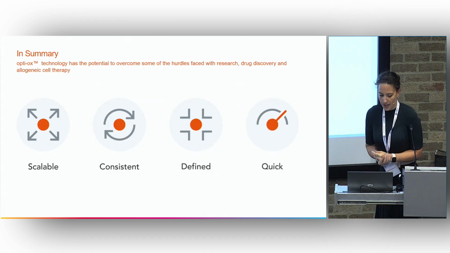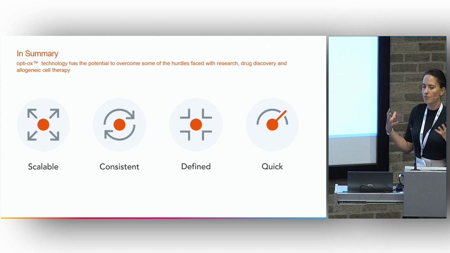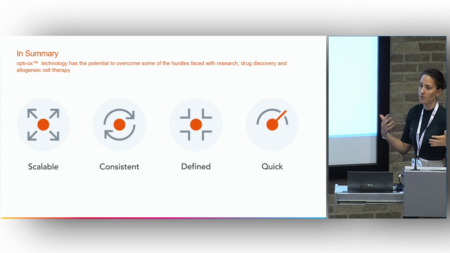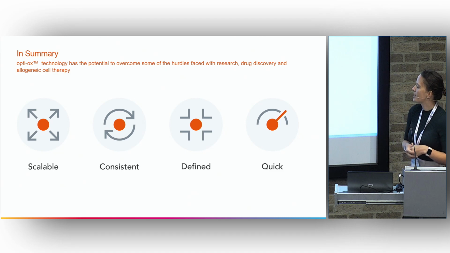So just to summarize, at bit.bio, our aim is to generate a scalable source of iPSC-derived cells. With the microglia, we can generate billions of cells per batch. Each batch represents a billion cells, with a nice level of consistency, not only in phenotype, but in function as well. And we make sure that we do a functional QC on every batch that we make.